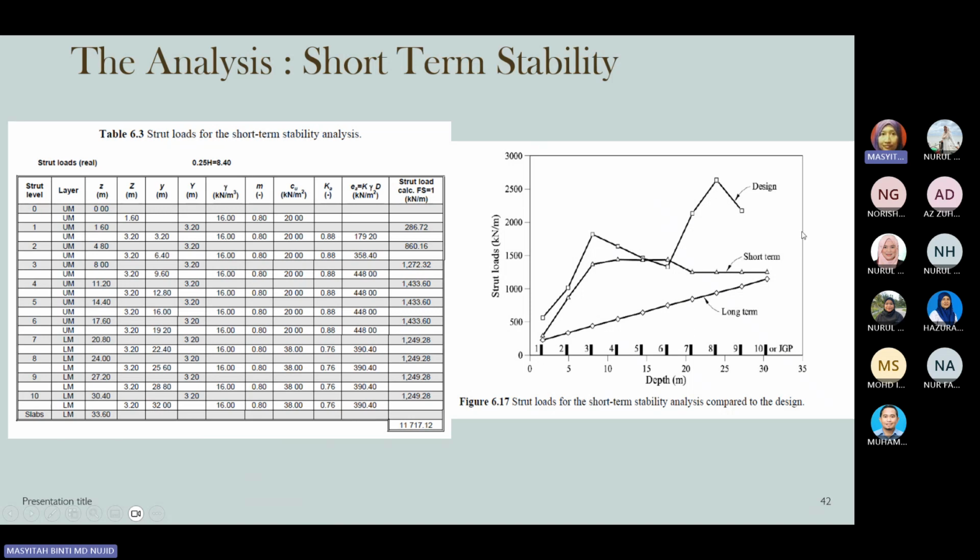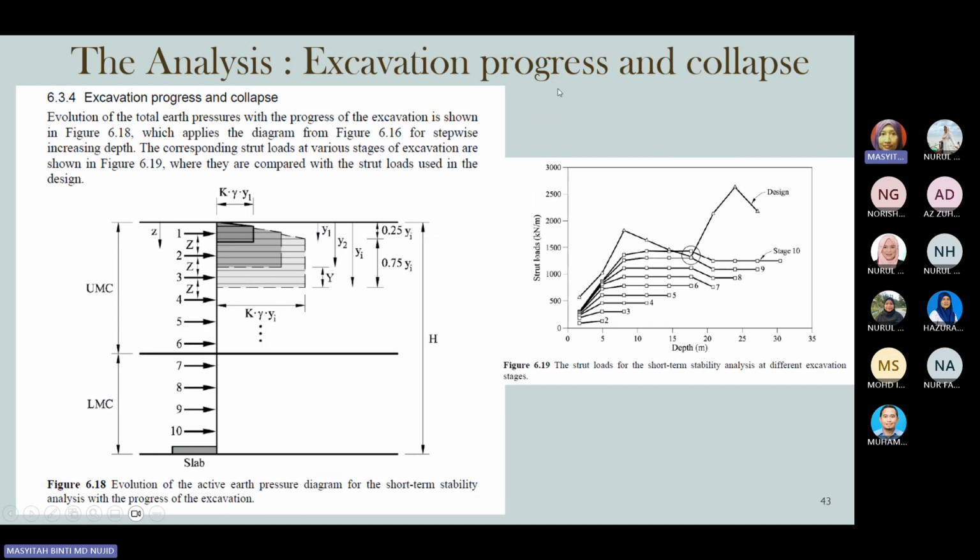So again, after the failure occurred, the forensic investigation or back analysis found some misdesign error from here. The above is part of the stability analysis. Now let's look at the excavation progress and collapse, because we want to understand how it occurred. Did the failure occur in stages, or did it occur all at one time, in one single effect?